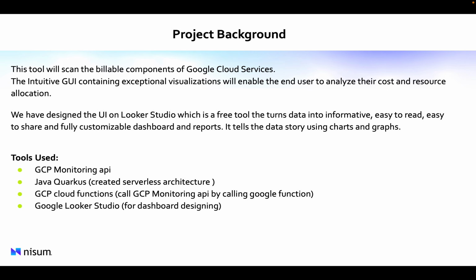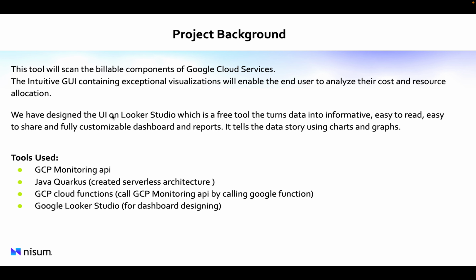And this is again the background detail of the project. This tool will scan the billable components of the GCP cloud services. The initiative of the GUI, containing the exceptional utilization, will enable the end user to analyze their cost and resources.